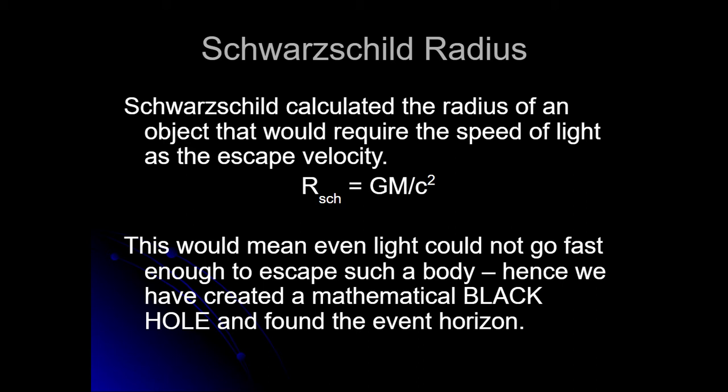Hence, we've created a mathematical black hole, and we've found what's known as the event horizon. The Schwarzschild radius is the point of no return. Once you're within there, you cannot escape, because you'd have to exceed the speed of light, which is not going to happen, as we well know.